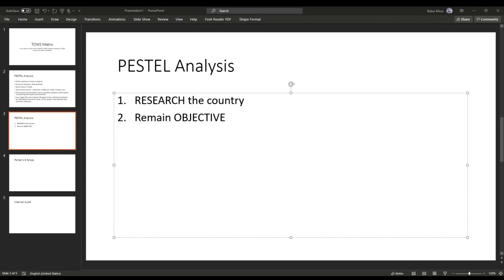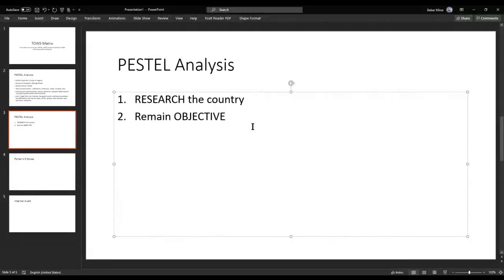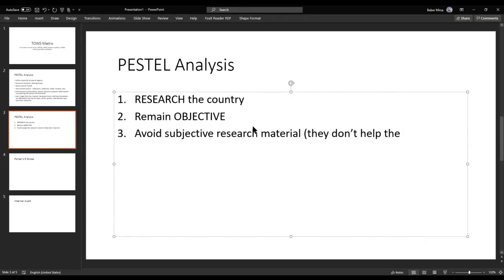One idea is to say: objective, avoid subjective research material. It doesn't help the analysis.